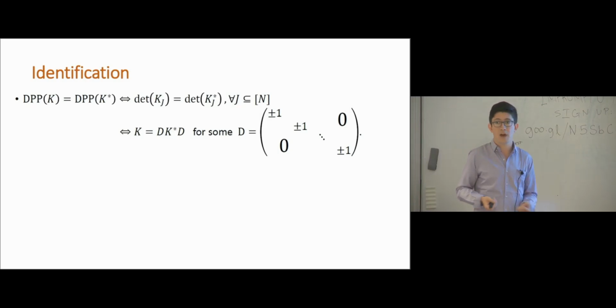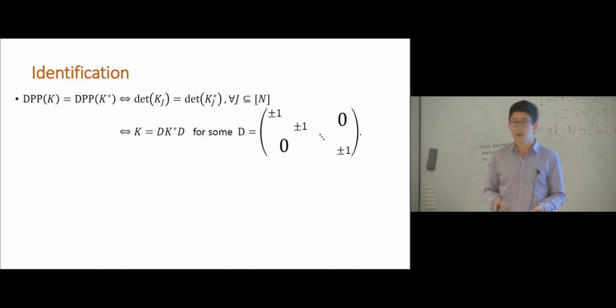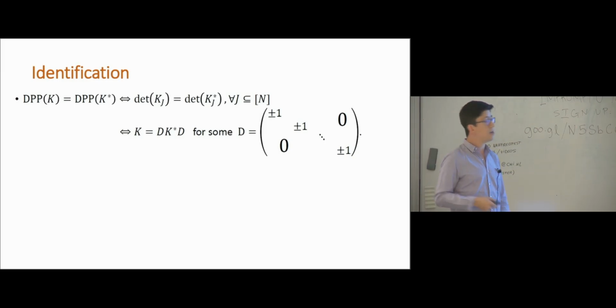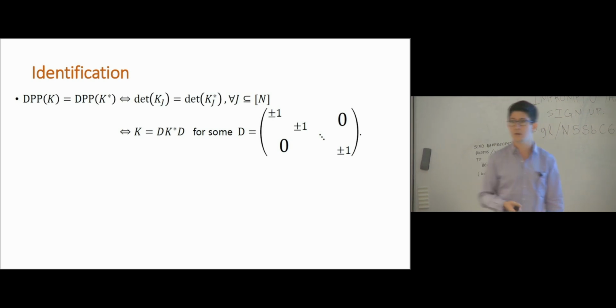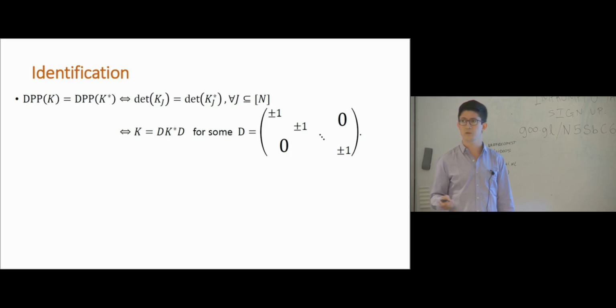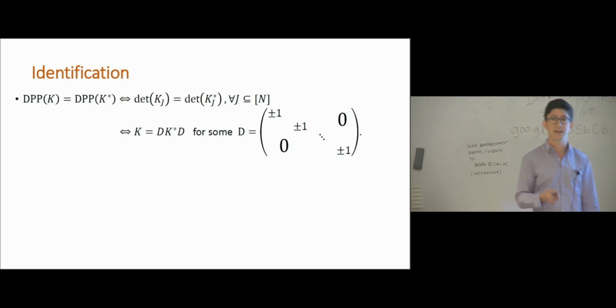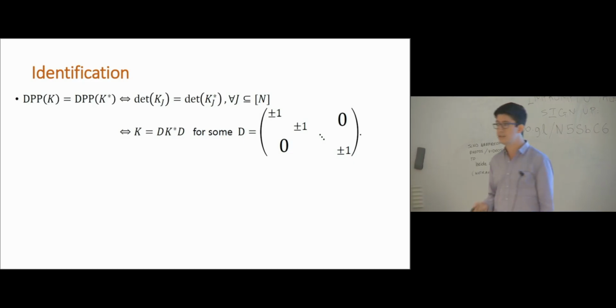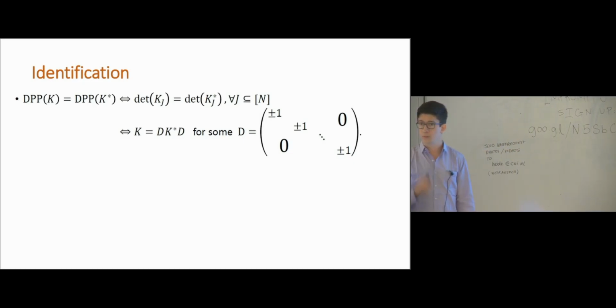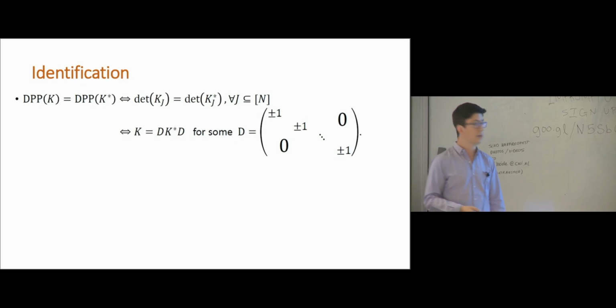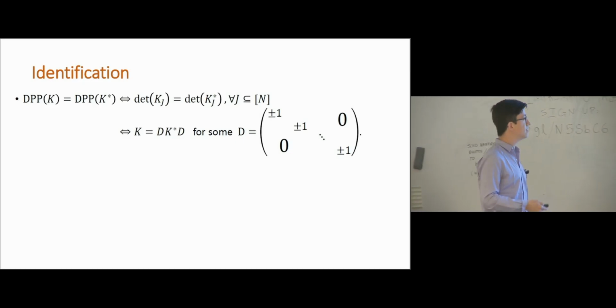You can have another matrix K that gives the same DPP as long as all the principal minors of K are the same as the principal minors of K star. In particular, as was shown in a linear algebra paper in 2014, I think by Stevens, this is the same as saying that K is obtained from K star by pre and post multiplying it by some diagonal matrix with plus and minus ones on the diagonal.